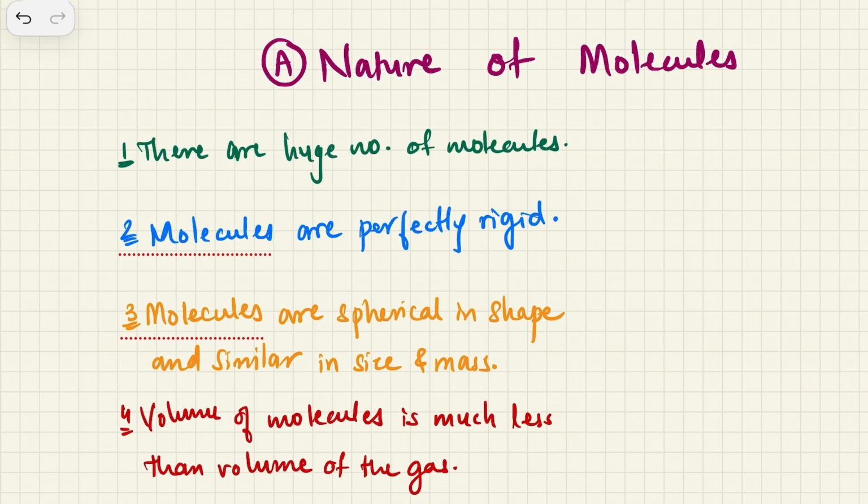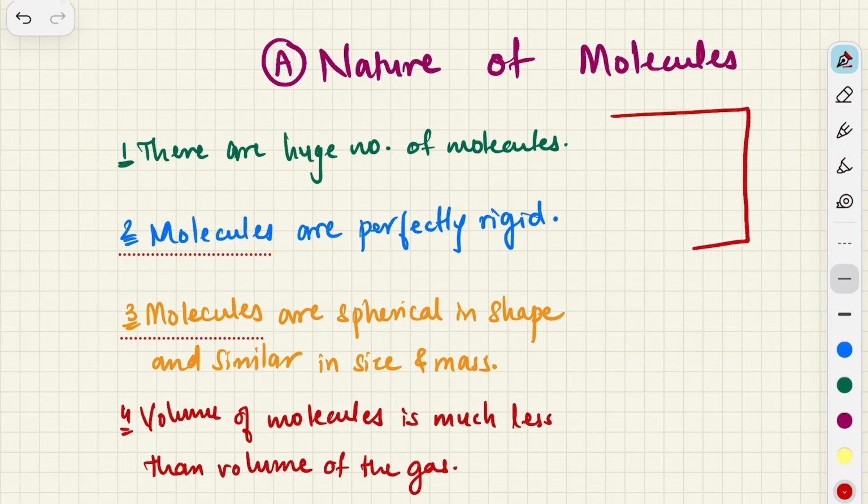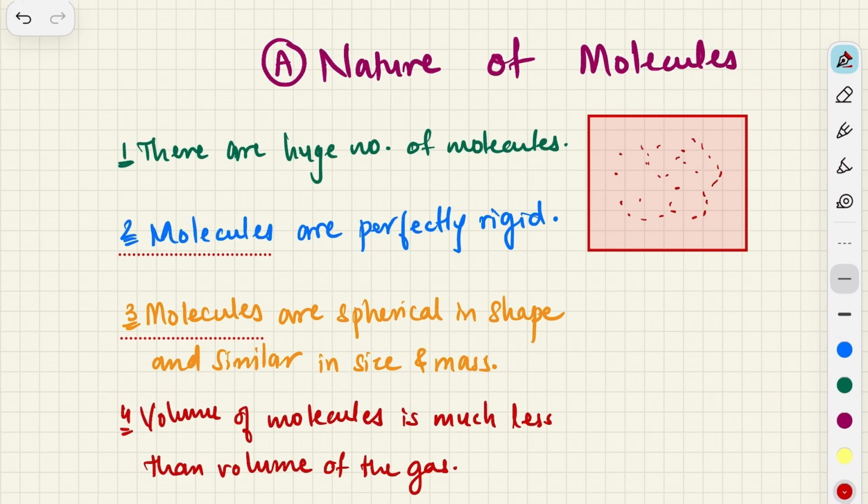If you consider a container somewhat like this, then there must be a huge number of molecules, and these dots are representing the molecules. So that's the first assumption. We cannot apply kinetic theory when the number of molecules is much less.